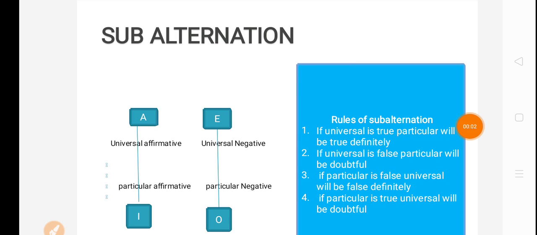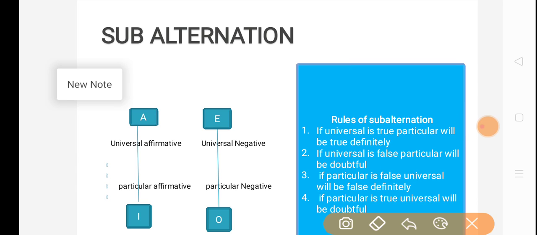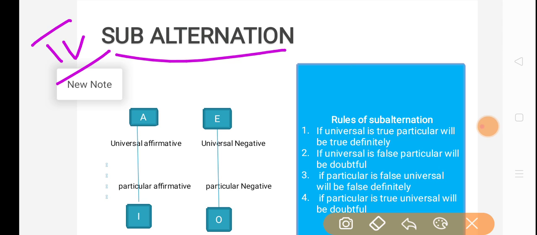Now we are moving toward the subalternation statement, that is the fourth statement. You can see a lot of rules here, but we do not need all these rules. We can easily understand this through the pictorial representation.